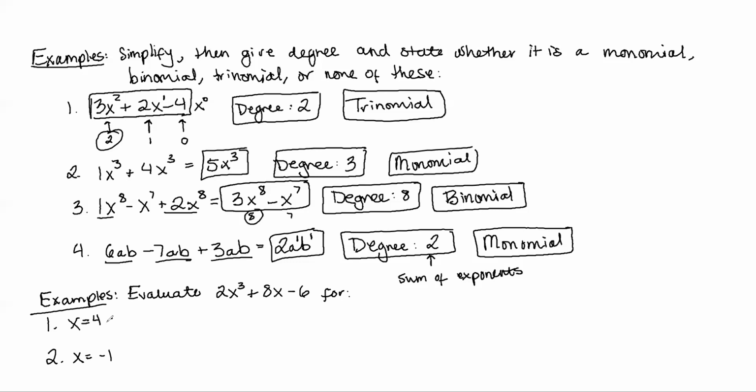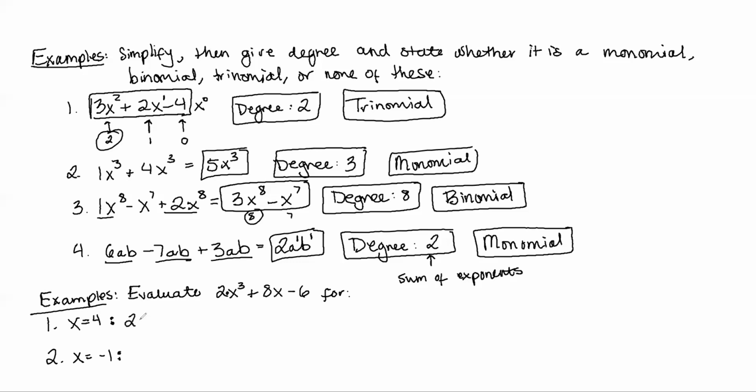So let's go ahead and first of all, remember what it means to evaluate something. Anytime you're told to evaluate, we want to take this variable or this number for x, plug it in wherever we have an x in our polynomial, and then just simplify it down. So we have 2x cubed. So remember, this is 2 times x cubed.